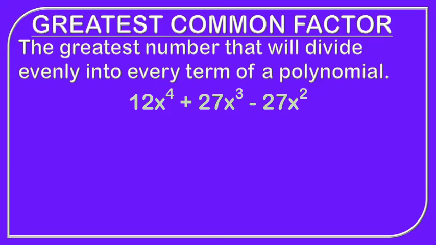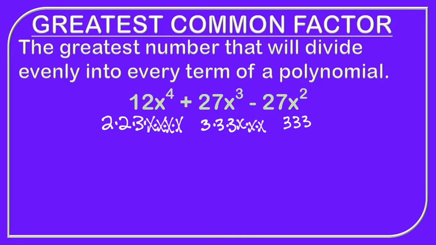So we had 2 times 6, which is 2 times 3 times x times x times x times x. This will be 3 times 9, and 9 is 3 times 3, and we have 3 x's. And this is also 3 times 3 times 3 with 2 x's. So those are the prime factorizations of each of those monomials that make up our trinomial.